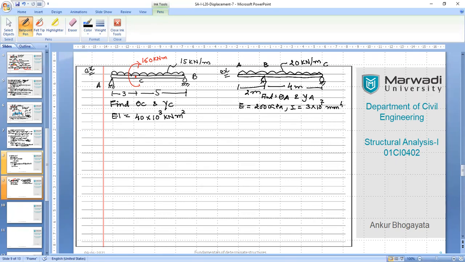Now I will be requiring your help to solve this problem. So who will tell me the reactions first? The first step, reactions. So let me draw the free body diagram just here itself.